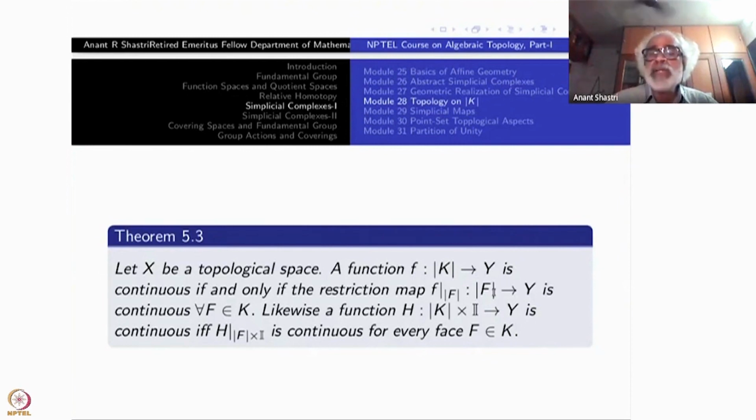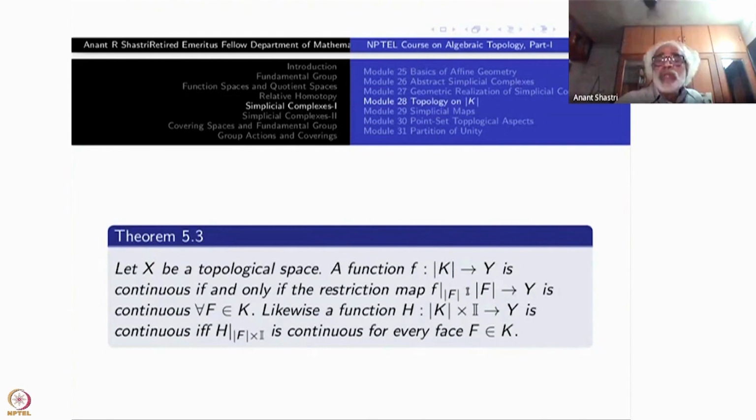The inverse image is nothing but the union of the F inverse of F restricted to F inverse of that set. By definition, if this is closed for every F, then that is closed, because this is the weak topology. And conversely, this is fine.